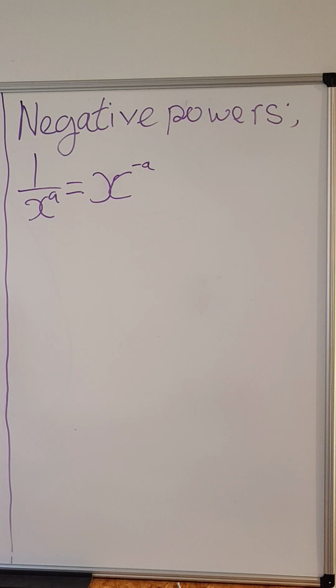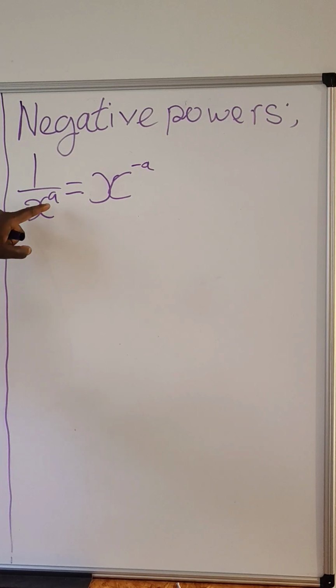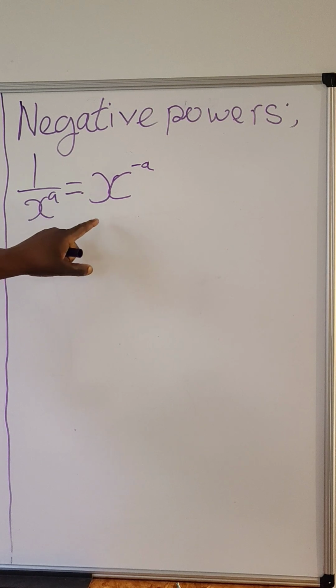In this case, if we have a particular number or a figure and it is raised to the power of a negative number, that is, the power is negative, we call it the negative powers law, and it can be written as 1 divided by x raised to power a, which gives us x raised to power minus a.